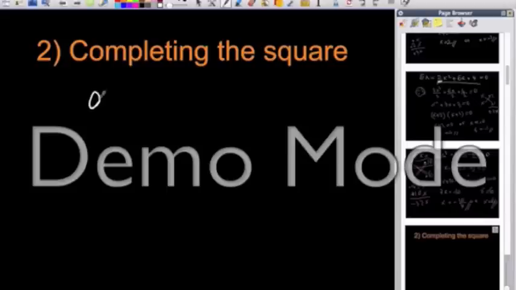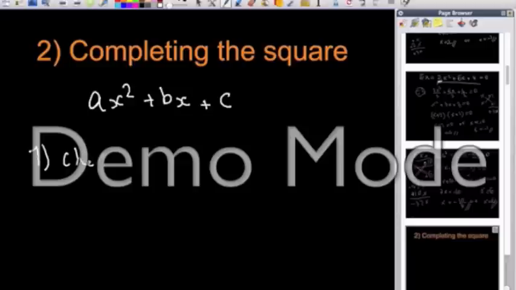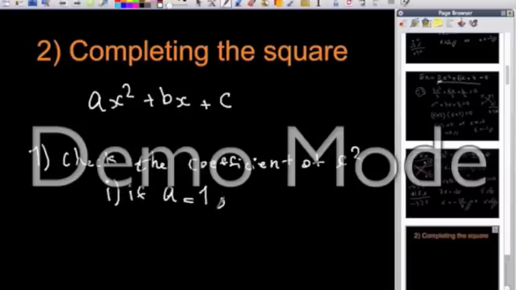Okay, so if we have ax squared plus bx plus c, the first step is to check the coefficient of x squared. You can do this by first checking if a equals 1. If yes, then you can skip this step.